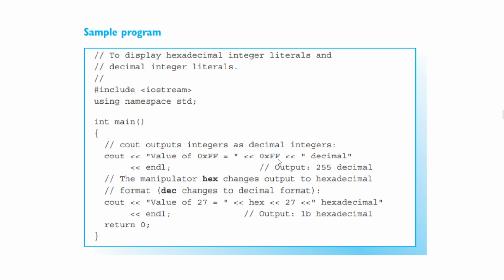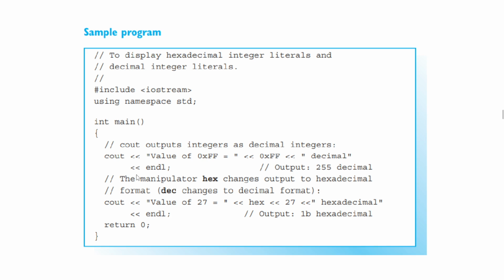And this is why we call it a hexadecimal integer literal. I'll explain in a second. And then we have "decimal", but the output that you get is 255. So we put in the hexadecimal, which the program knows holds a value of 255 in decimal, and that's why it gets output. By default, cout is going to output into decimal.